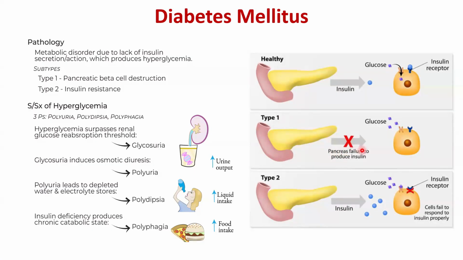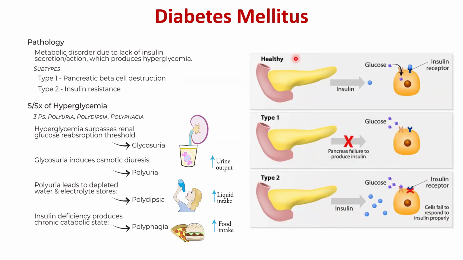The pancreas fails to produce insulin, and so the receptors are not stimulated to open for glucose intake. Then in type 2, there is production of insulin, but there is resistance in terms of the insulin receptor, which leads to no opening for glucose intake into the cells. So cells fail to respond to insulin.